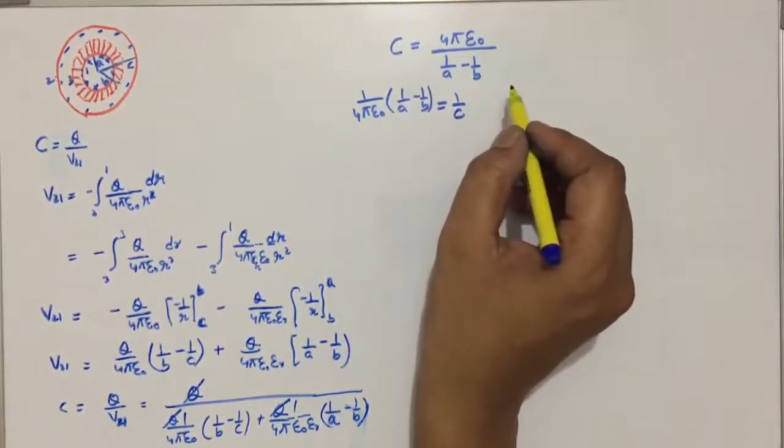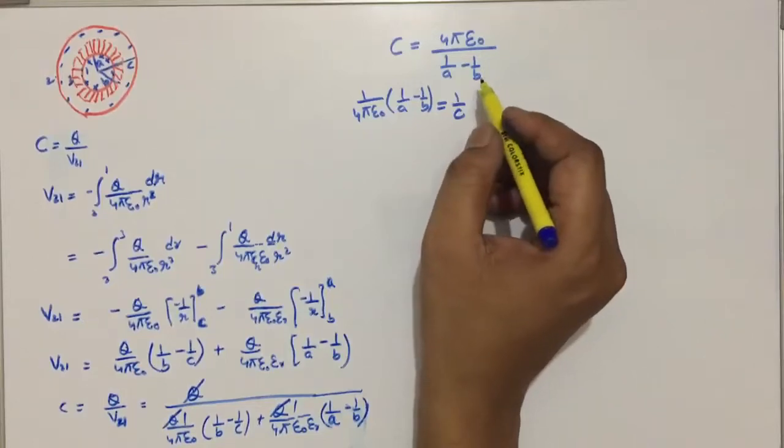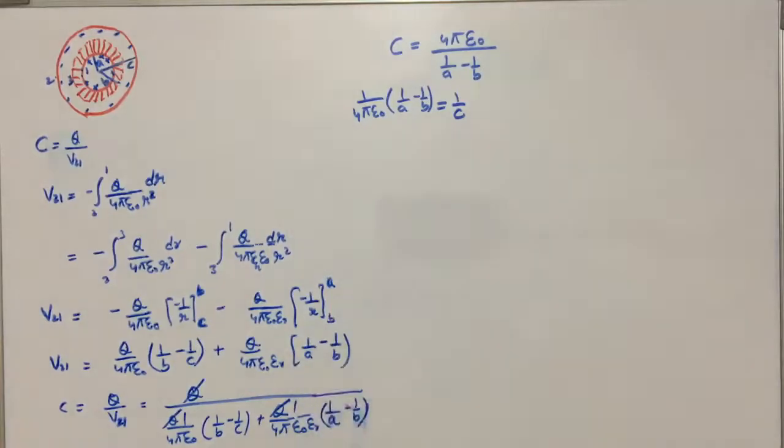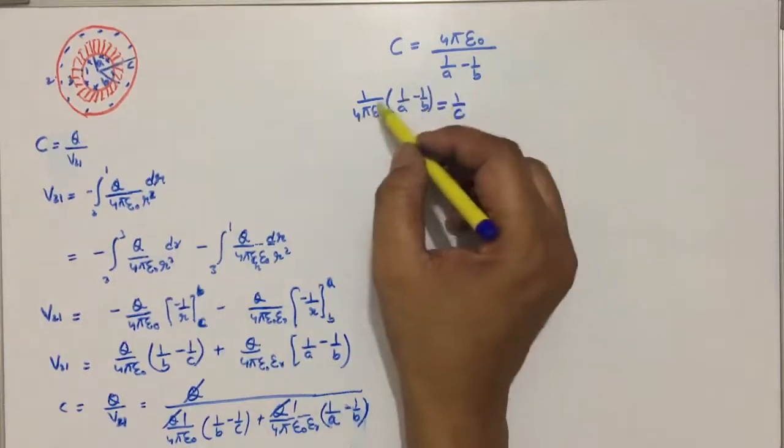We can write this, and similarly relate this here. This can be written as 1 by c like this.